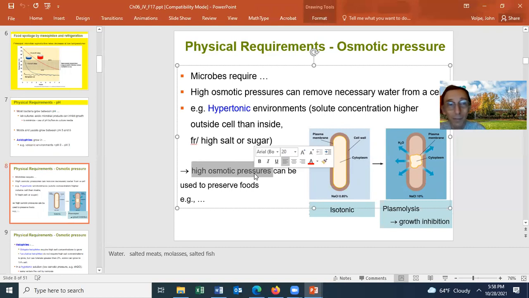You just keep it at room temperature, and once you open it, bacteria fall into it. It's because of the high osmotic pressure. There's very little water in peanut butter. And when bacteria fall into the peanut butter, the water leaves the cell, and then the bacteria either dies or cannot grow. And the peanut butter does not spoil.